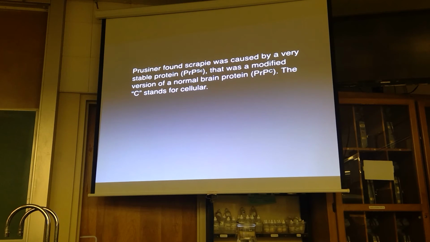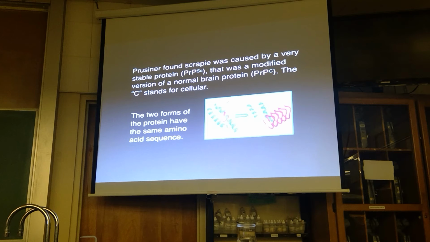When we were talking about proteins early in the semester, I talked about primary structure of the protein, which is amino acid sequence. Secondary structure of the protein is how they're folded or twisted into a helix. Apparently it's a change in secondary structure that makes the difference between a normal brain protein and a prion. The prion folded protein type is much more resistant to damage, much more stable in the environment.